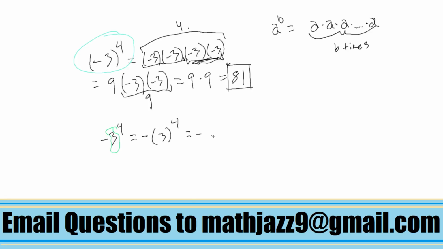So this is going to be -(3 times 3 times 3 times 3), which is the same as -(9 times 9), because these two 3's multiply to 9, those two 3's multiply to 9. So we have 9 times 9, which is 81, and the negative sign came along with us through the whole ride until the end. So we have negative 81 as the answer.